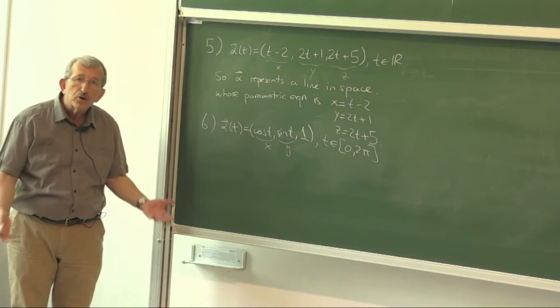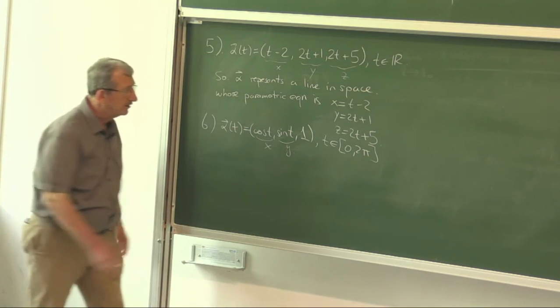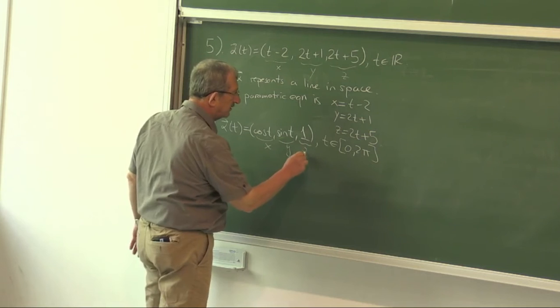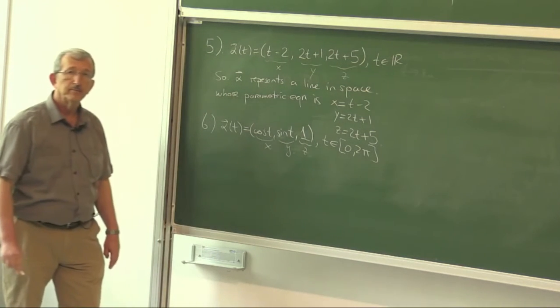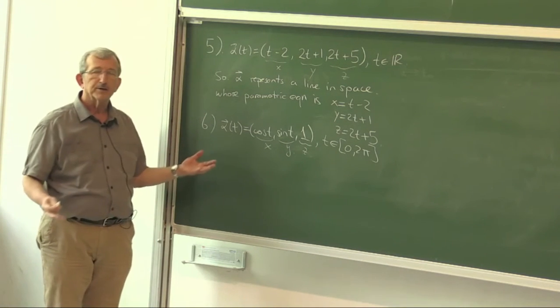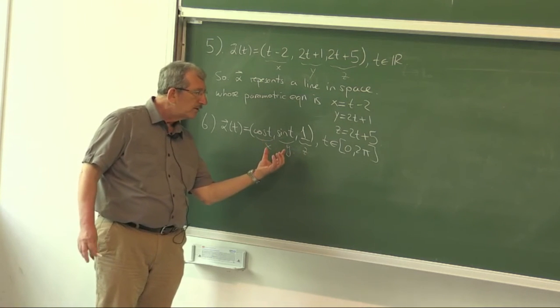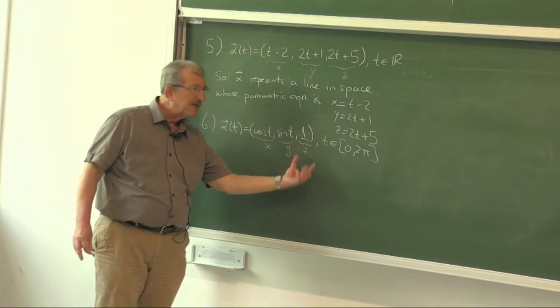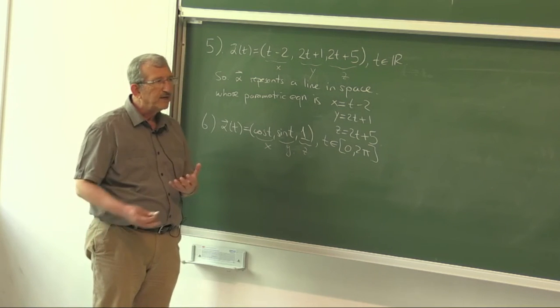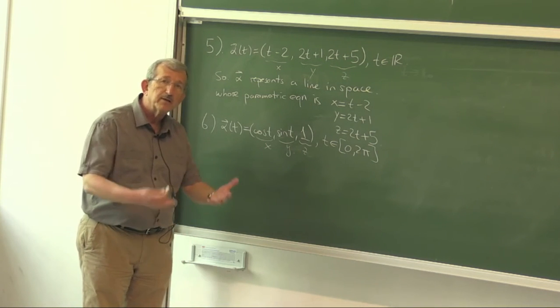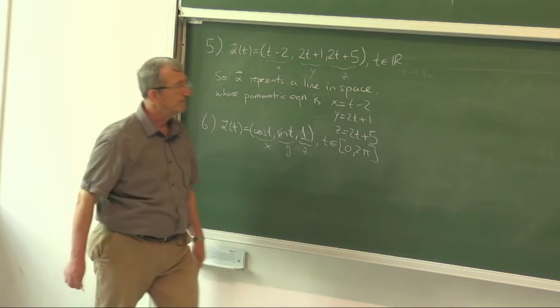So it's a unit circle again. But z is 1. And this is a curve in space. So again, we have a unit circle, but z is always 1. So it's not on the xy plane, it's on the plane z is equal to 1.